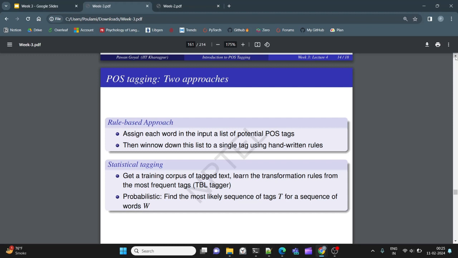Like this, handwritten rules can be designed, and using those you determine the part of speech tag of a word, and that is what happens in the rule-based approach. Similarly, there are statistical approaches as well.